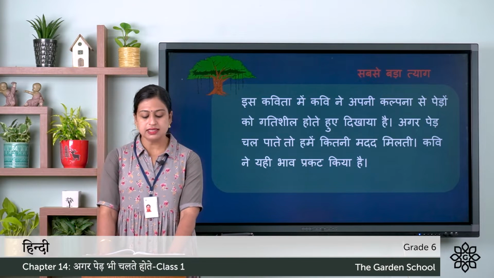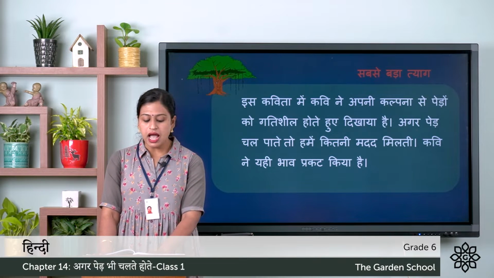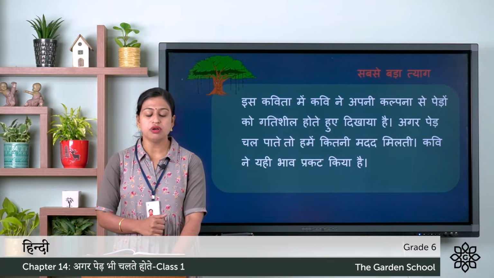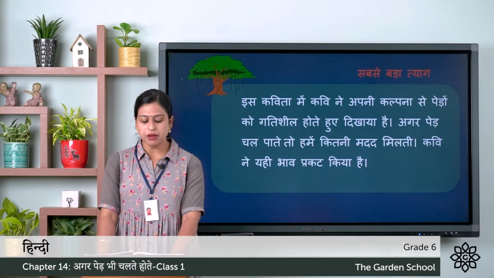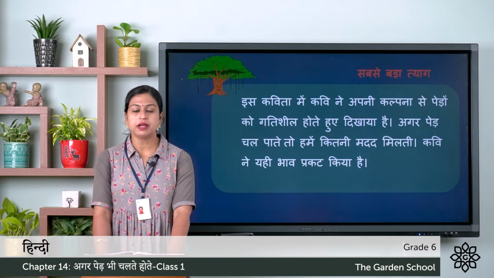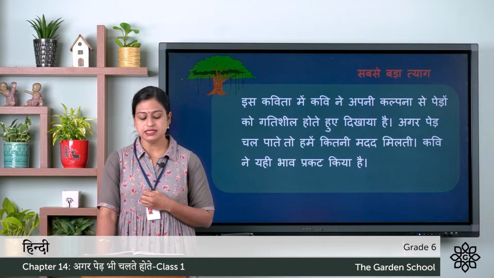So the meaning is, in this poem the poet has shown the trees moving with his imagination. अगर पेड़ चल पाते तो हमें कितनी मदद मिलती. That means it would be very helpful if the trees were able to move. कवि ने यही भाव प्रकट किया है. Here भाव means sentiment, प्रकट means expressed. So the poet has expressed his sentiment.